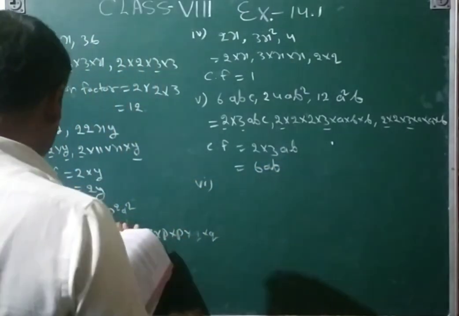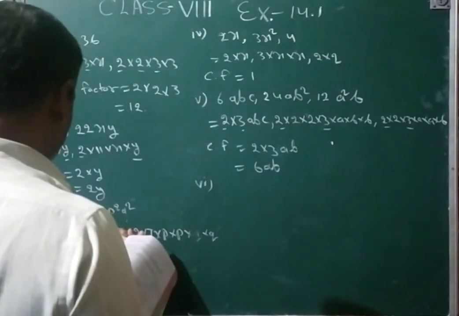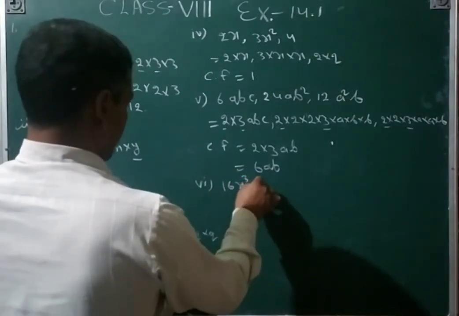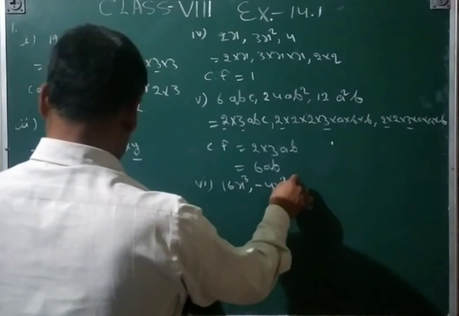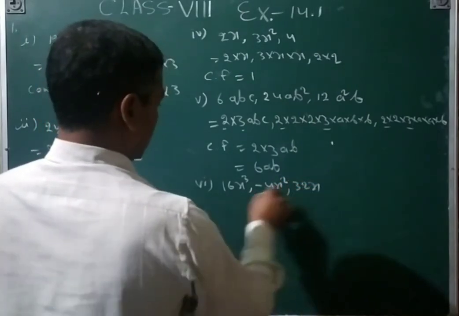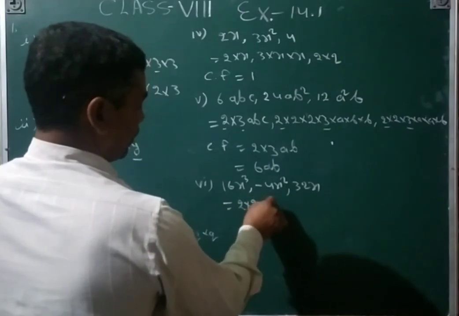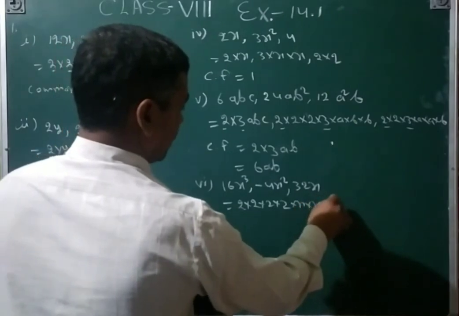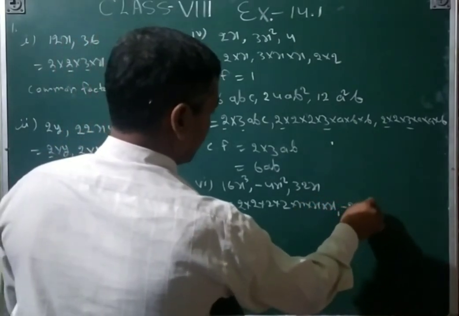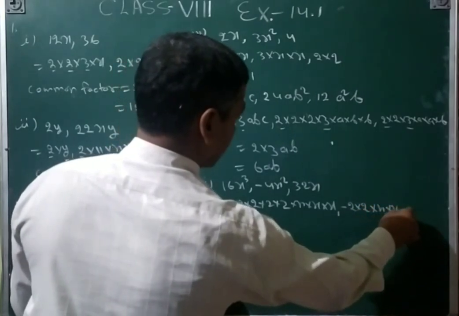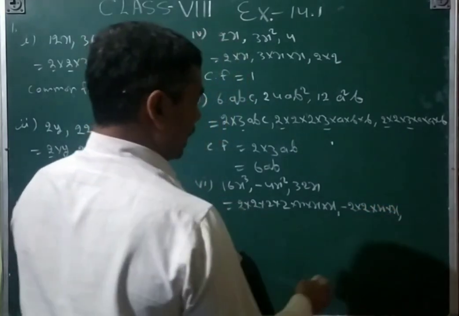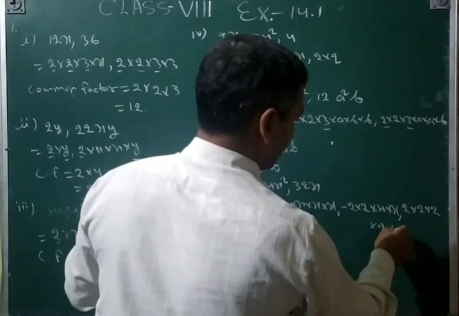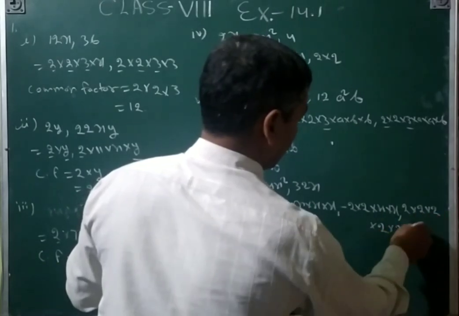Sixth part: 16x power 3, comma, minus 4x square, and then comma, 32x. So that will be 2 into 2 into 2 into 2, that is 16, into x into x into x, then minus 2 into 2 into x into x, and 32 is 2 into 2 into 2 into 2 into 2, into x.